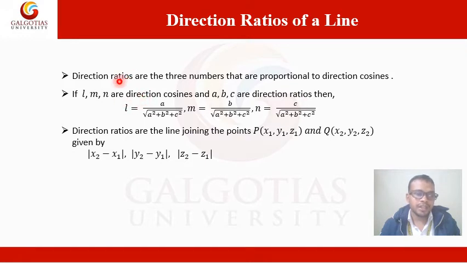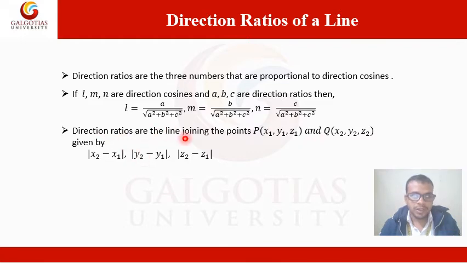Then I can represent my direction cosines in terms of direction ratios by the expressions: L is equal to A by the square root of A square plus B square plus C square, and similarly M is equal to B by the square root of A square plus B square plus C square, and N is equal to C by the square root of A square plus B square plus C square.